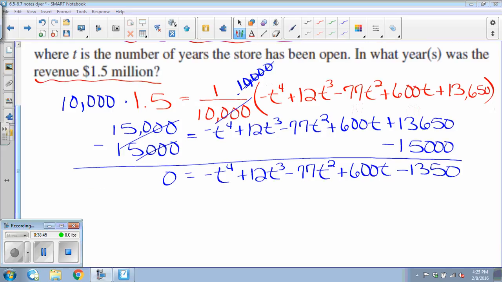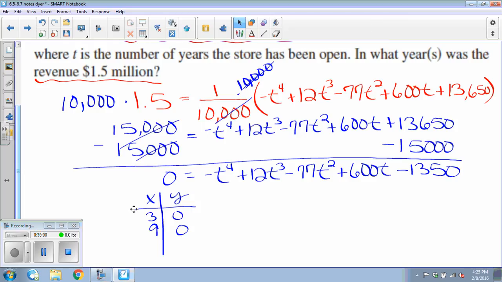Okay, so when we go look at the table, again, we're looking for those solutions, right? So when I look at the solutions, I see that when x is 3, y is 0, and when x is 9, y is 0. Well, unlike the other problem, we can have two answers, because what does x represent?